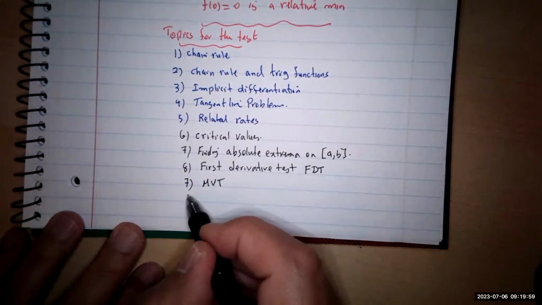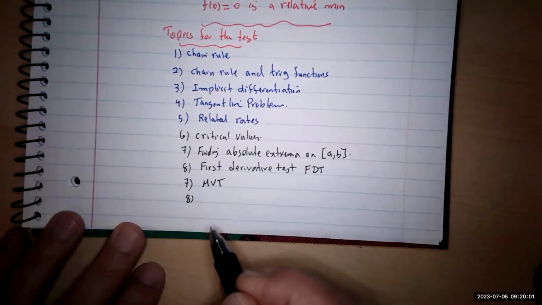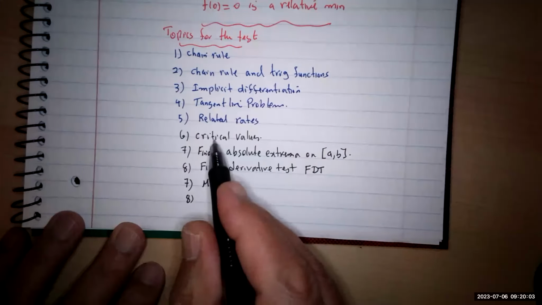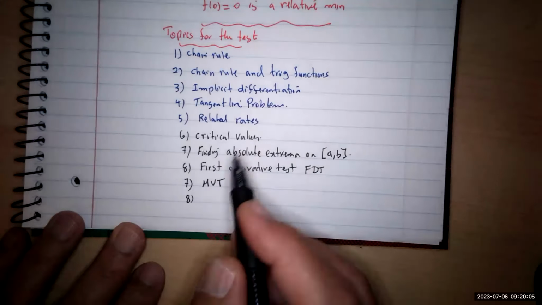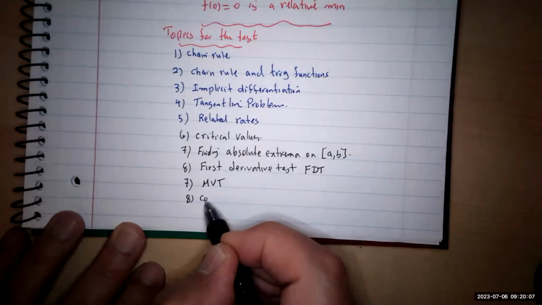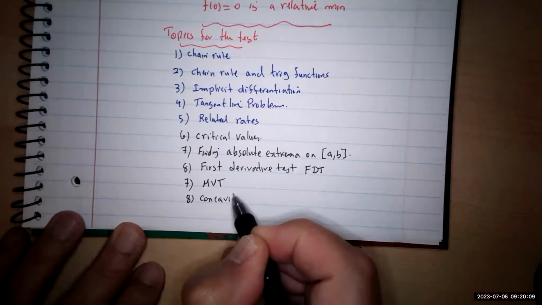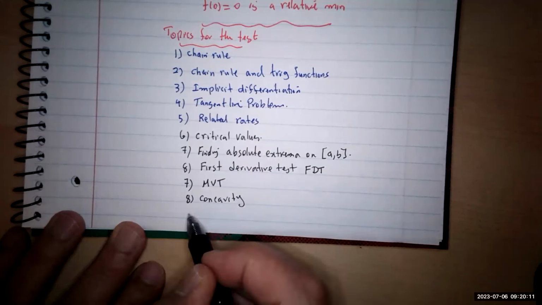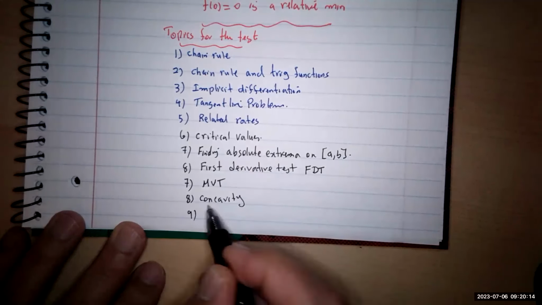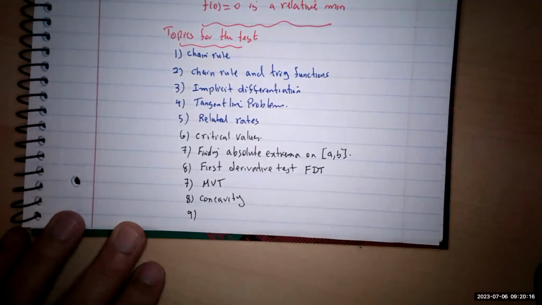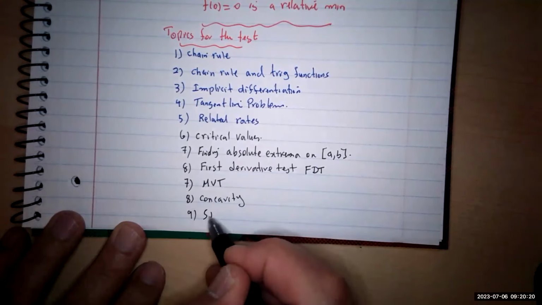Number 8 is the one that we did today, concavity. Number 8 is concavity, and number 9 is going to be the second derivative test.